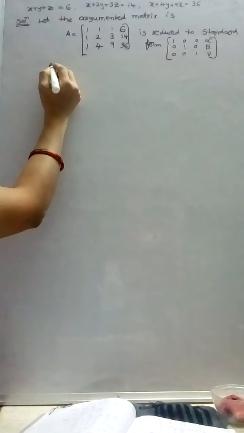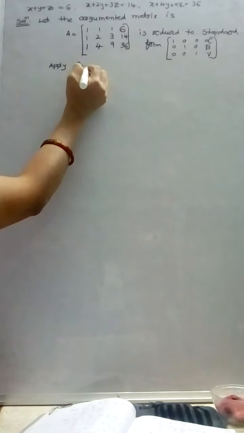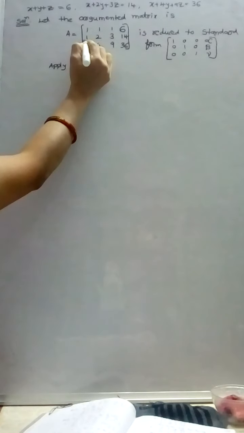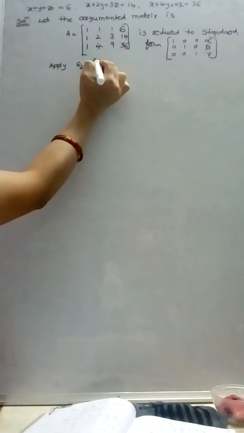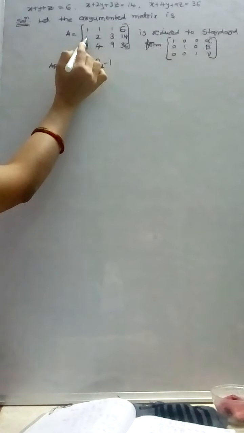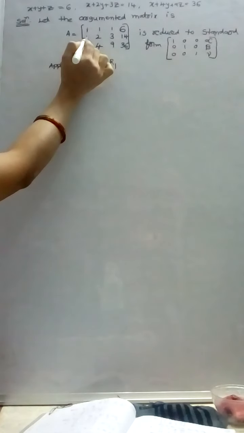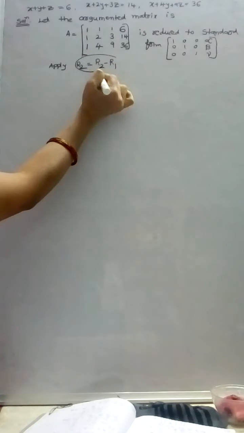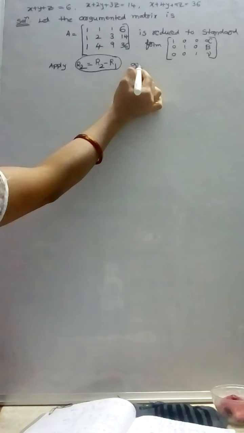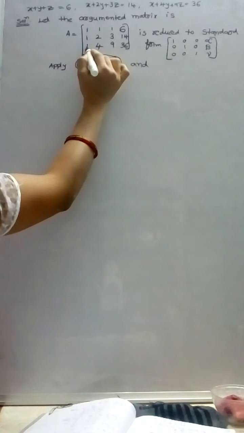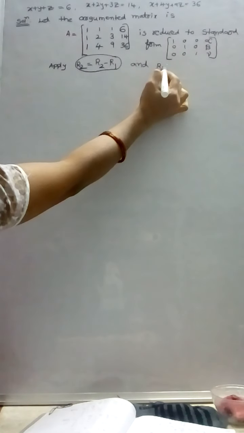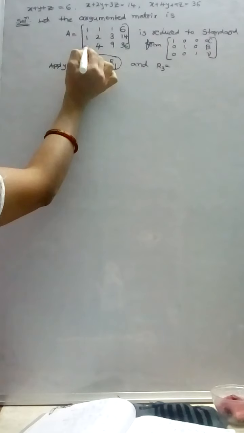For that, we apply row operations. For the second row, R2, the element should become 0, so we take R2 equal to R2 minus R1, since 1 minus 1 is equal to 0. And for the R3 row, we also take R3 equal to R3 minus R1.